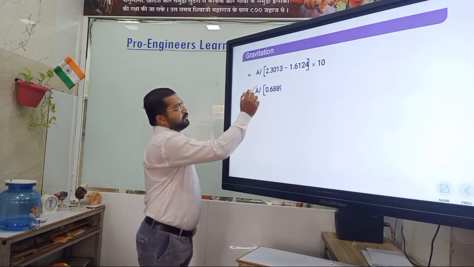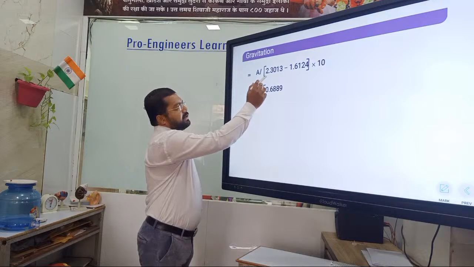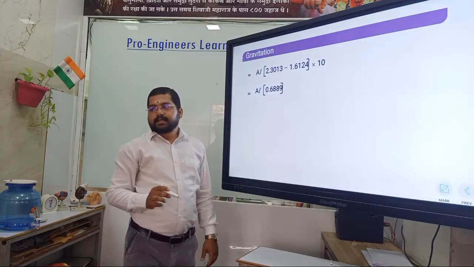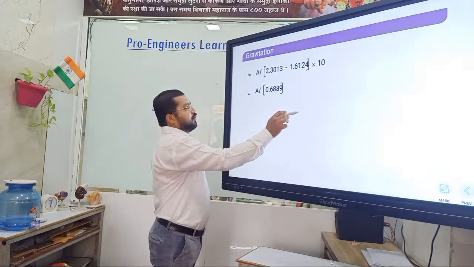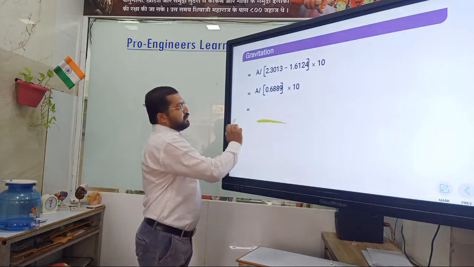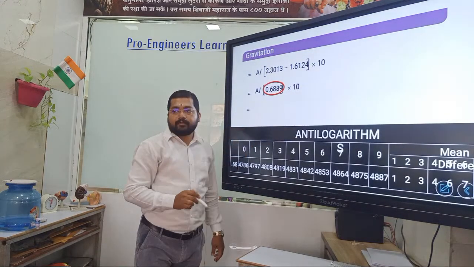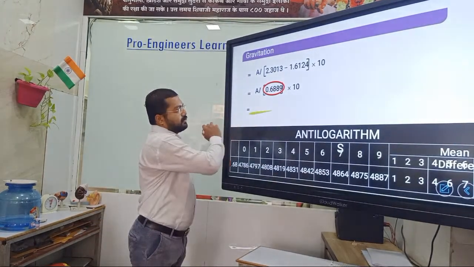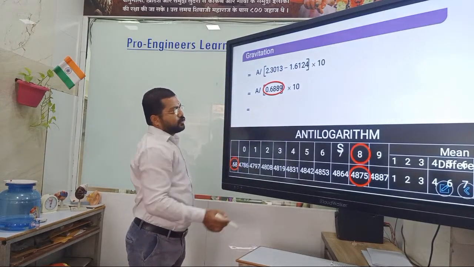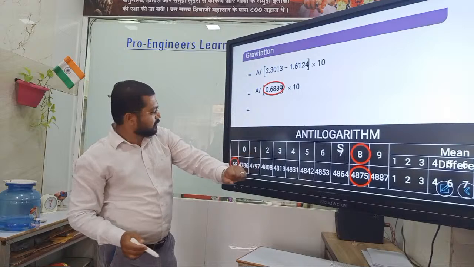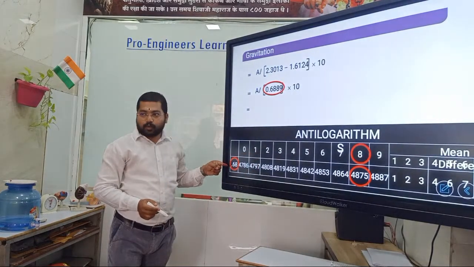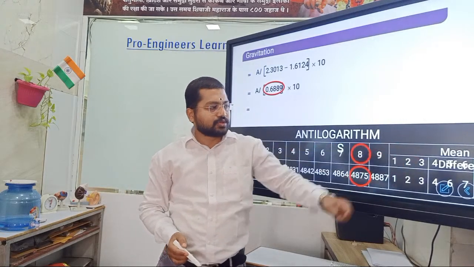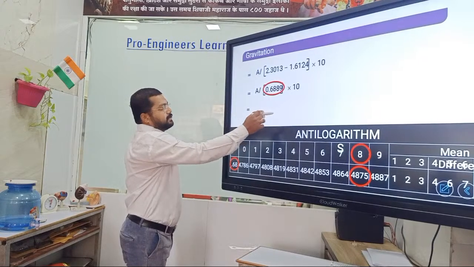So we need to find 2.3013 minus 1.6124. The answer is 0.6889, obviously into 10. Now it is time to find the antilog of 0.6889. How will we find it? We first go in the column of 0.68, then we choose 8, and finally we choose 9, that is the mean difference.